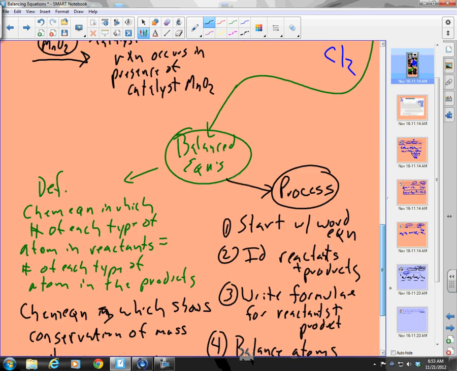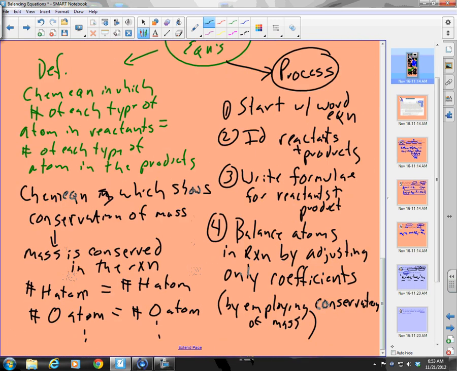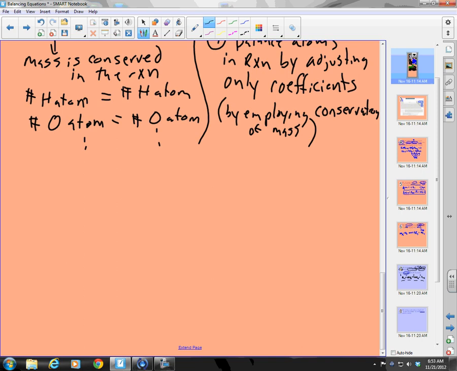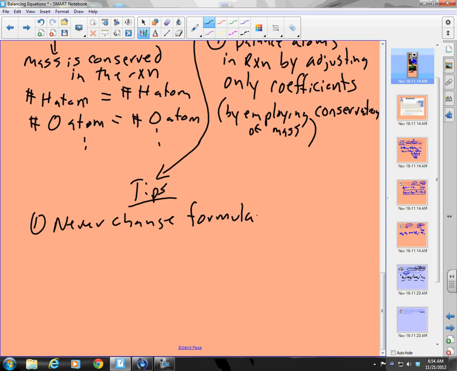Well, let's write down here. I've got balancing, and then off of balancing my equations, let's come down here and write down some tips. Number 1, never change your formulae. That's the number 1 tip. You don't do that.